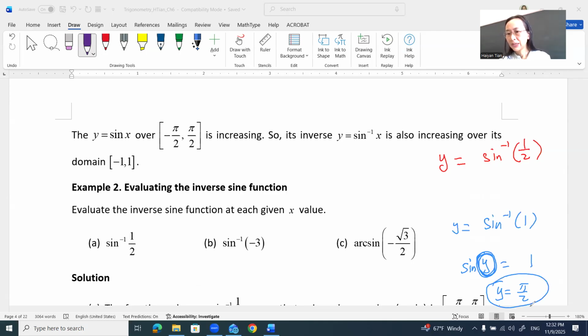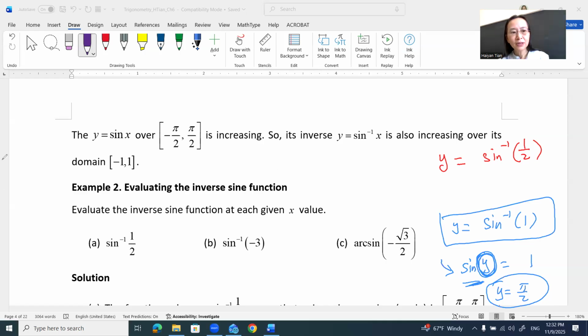So by evaluating the inverse, we can refer to the restricted sine function to figure out this y value. So that is half of pi in that case.